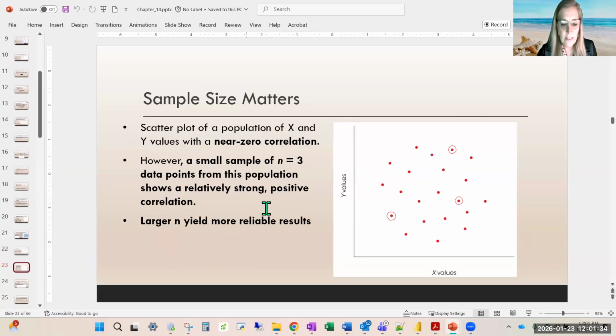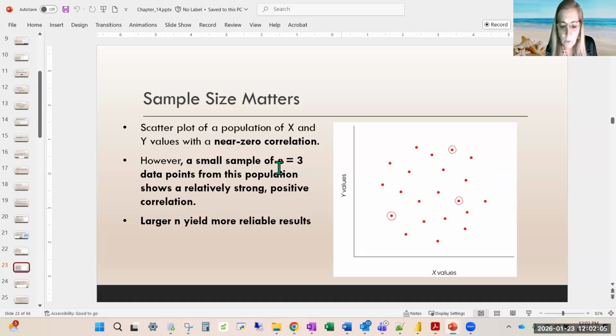All right, here we have a scatter plot of a population of X and Y values with a near zero correlation. However, if I had a really small sample size and I only selected maybe 3 people to test on my X and Y values, like maybe here, here, and here, I may end up with results that would look positive after calculating for R. Because if you are only plotting these 3 scores, it would appear that you had a positive relationship.